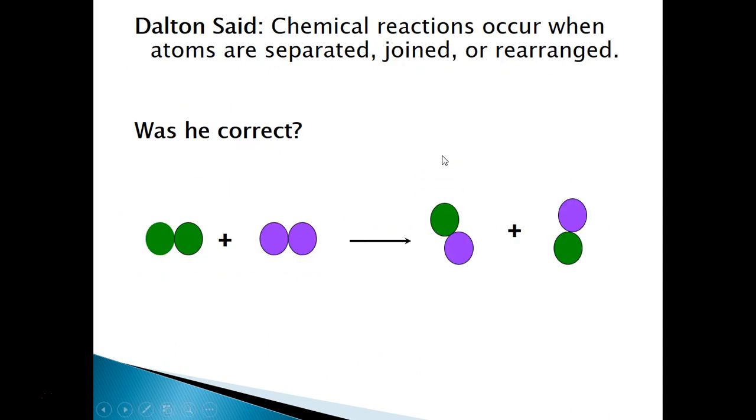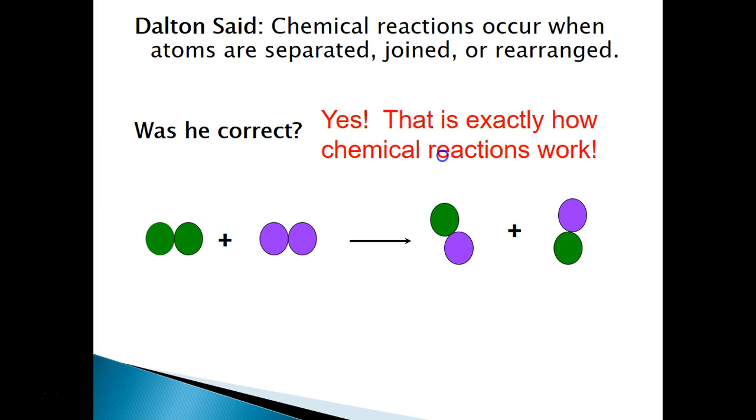Dalton also said that chemical reactions occur when atoms are separated, joined, or rearranged. Now, he was correct in saying this. That is actually exactly how chemical reactions work. So here we have a particle diagram showing a molecule of green atoms being reacted with a molecule of blue atoms. Now, when they react together, the blue and green atoms are separated from each other and reconnected to each other's counterpart.